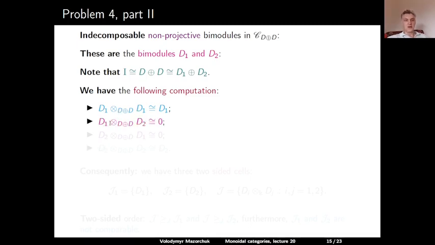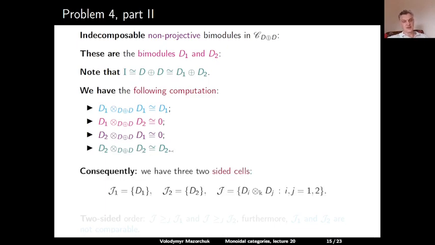If we tensor D1 over our algebra with D2, we will get 0. This is because D1 times D2 is 0. If we move over D1 to D2, we'll get 0. And similarly, D2 tensor product with D1 over our algebra is also 0. And similarly to the first line, D2 tensor product over our algebra with D2 is D2.